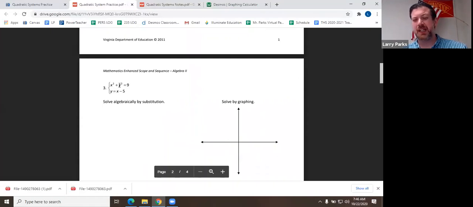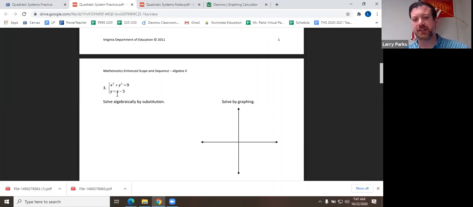Anytime you have x and y squared, it makes a different kind of shape besides a parabola. It could be a hyperbola. It could be a circle. It could be an ellipse. Now, I'm trained in this and I've taught units over what's called conics, and I know this is a circle. And I'll show you some circles here in a second. So this is a circle, and this is a line.